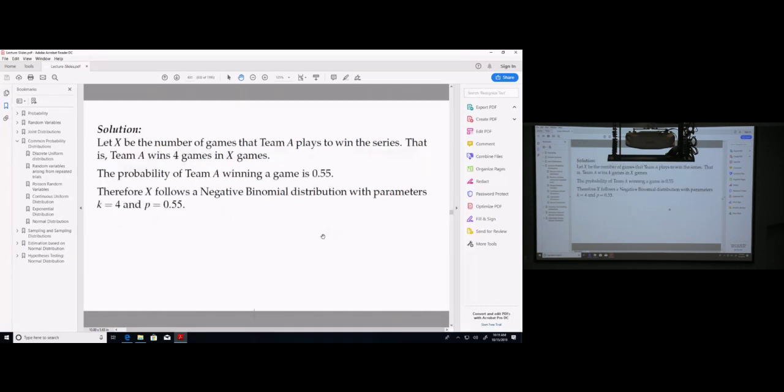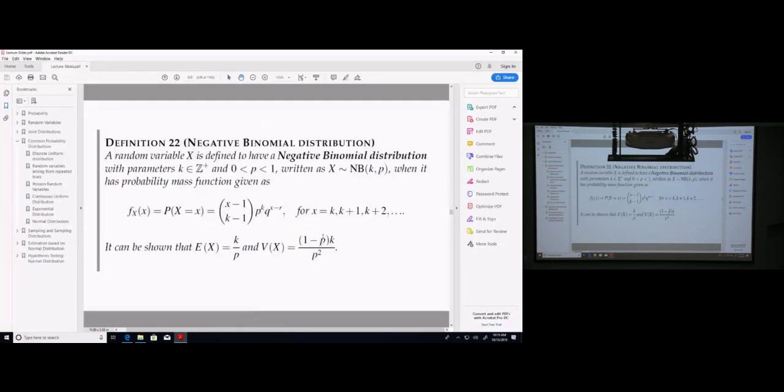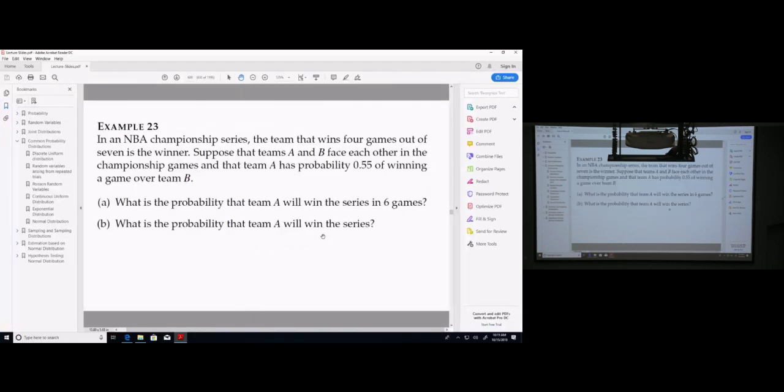So part A is simple; either you substitute into the expressions here with the relevant values, but I think it's better to do it from first principles.